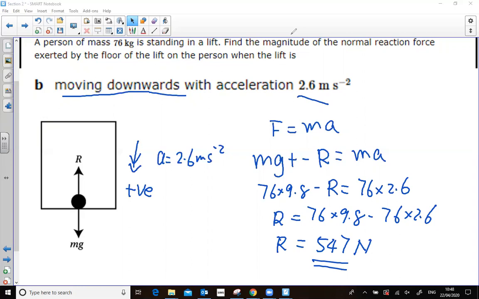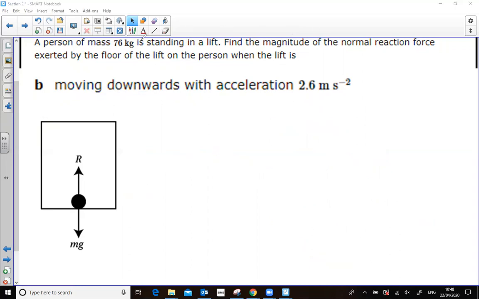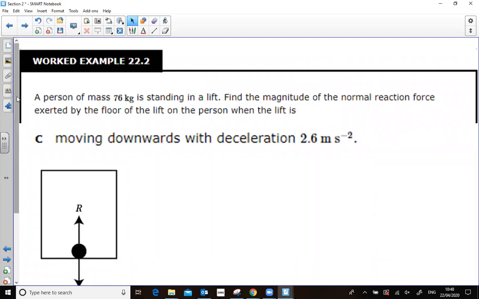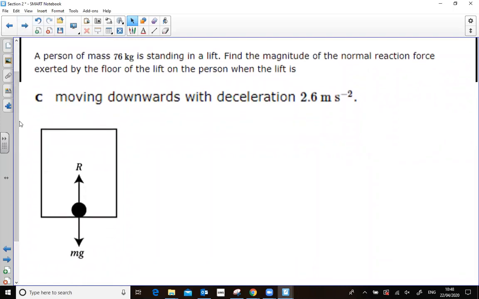Right. Let's look at the last part of this question. Here it says, what if now the lift is moving downwards with a deceleration of 2.6 meters per second squared? Right.